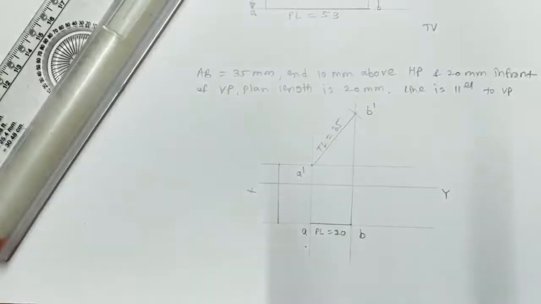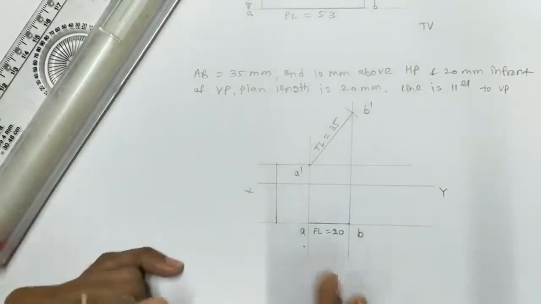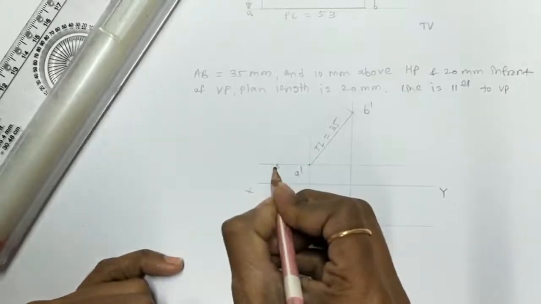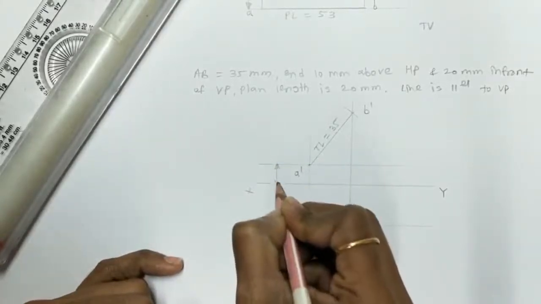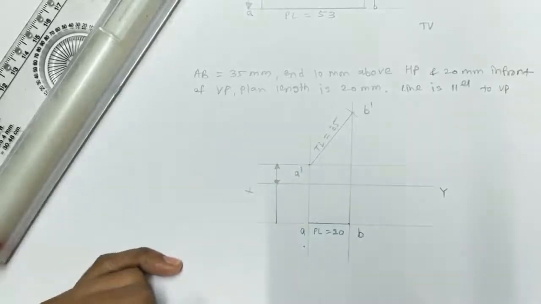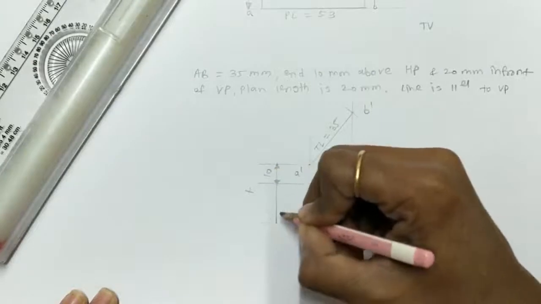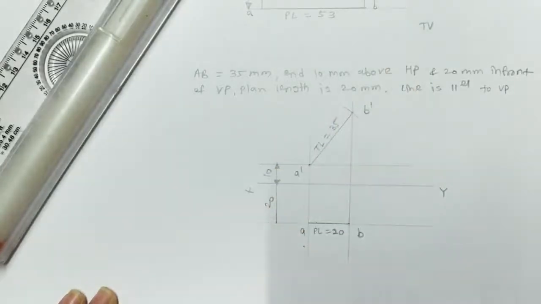Now in this example, inclination angle is not given. Now after drawing front view and top view, we can measure inclination angle. First I will show here distances, which is 10 mm above HP and 20 mm in front of VP.